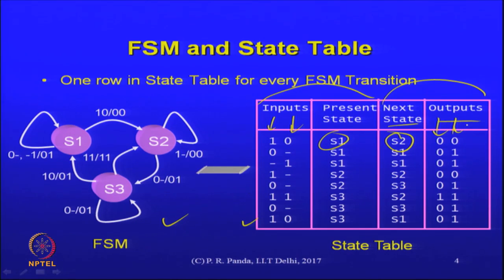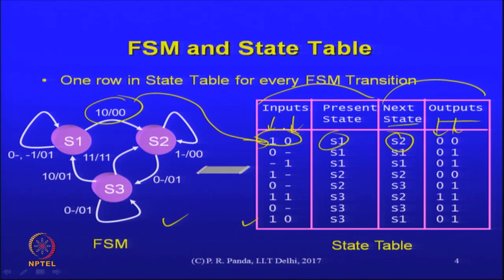These two are identical, they contain identical information. Every row of the state table corresponds to what in the FSM diagram? A transition. If I say on 1 0, I transition from S1 to S2 and in the process the output is 0 0, I should be able to tie that to a row where I have essentially captured the same information.